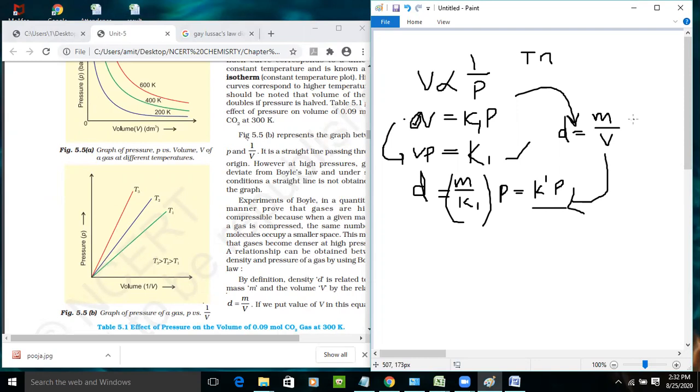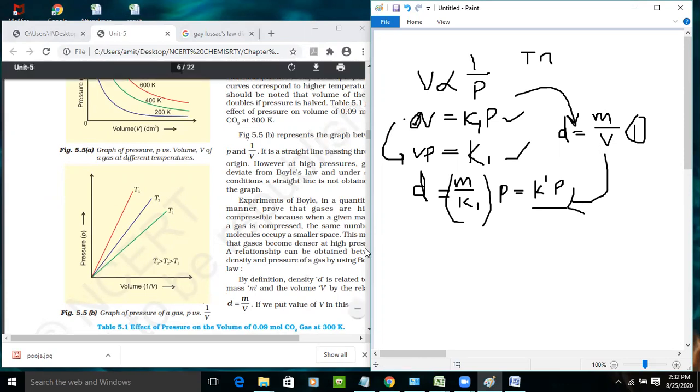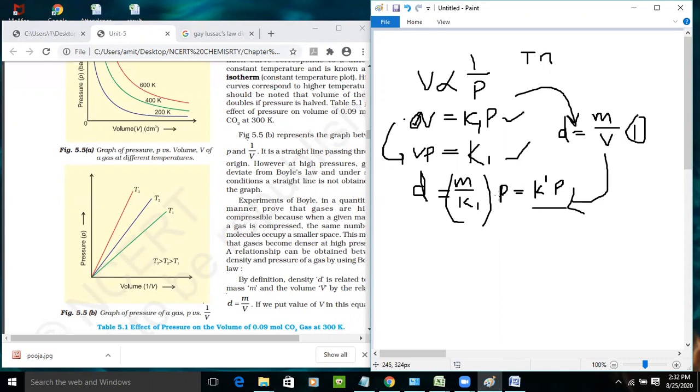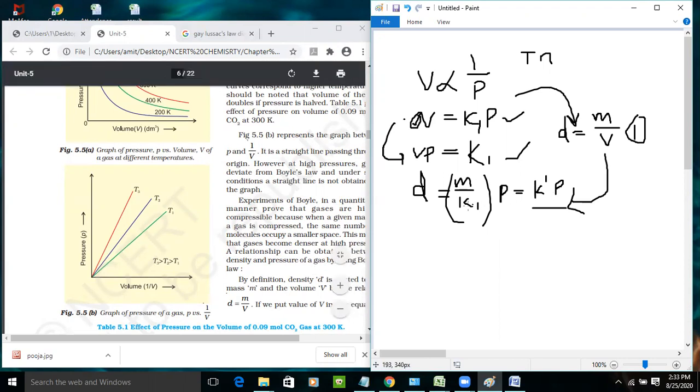If you substitute equation 1 into this equation, what will you get? d is equal to m upon k1 P. And if you replace this with a constant, d is equal to kP.